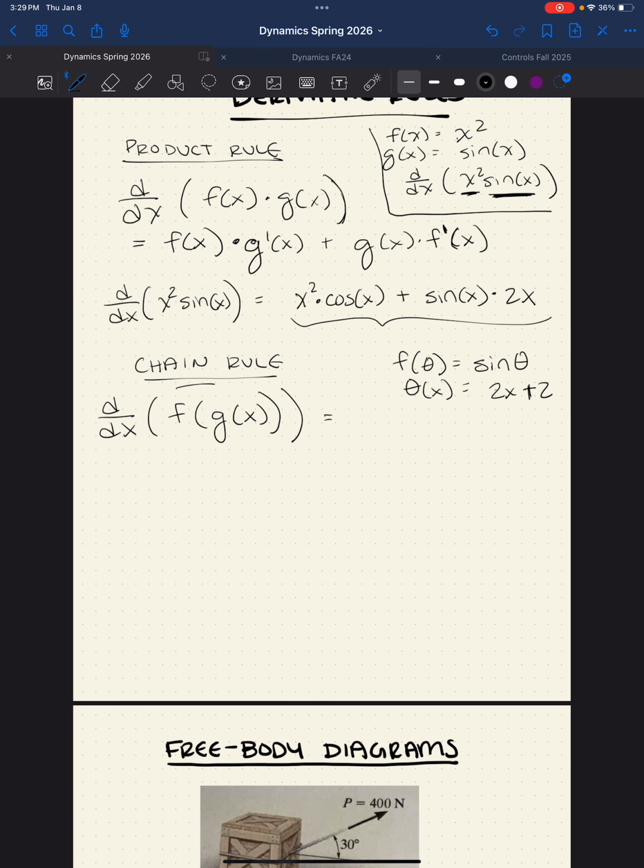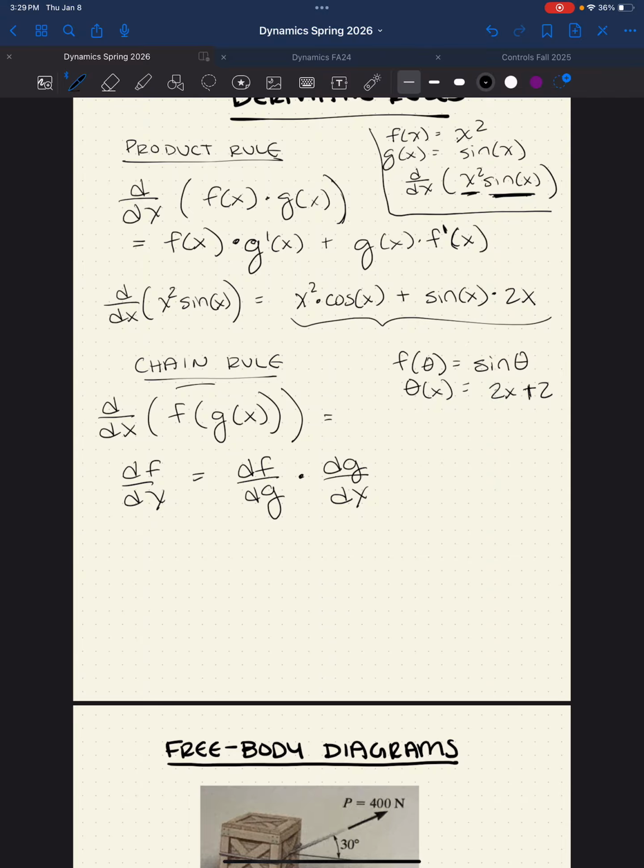Our chain rule says that if I want to find df dx, I need to first find the derivative of f with respect to g and multiply that by the derivative of g with respect to x.